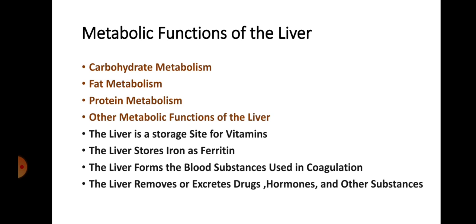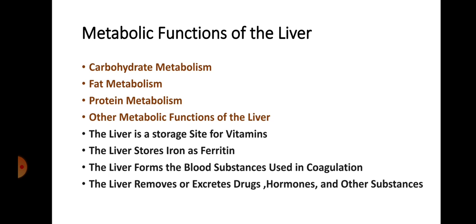Vitamin K is required by the metabolic processes of the liver for the formation of several of these substances, especially prothrombin and factors 7, 9, and 10. In the absence of vitamin K, the concentrations of all these decrease markedly, and this almost prevents blood coagulation.